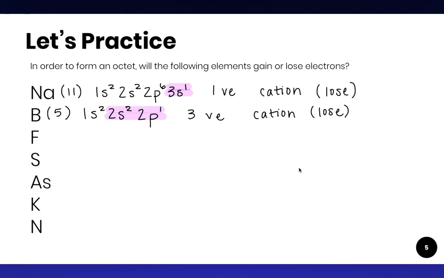Fluorine has 9. This element has 7 valence electrons, so it will form an anion, meaning that it will gain an electron.